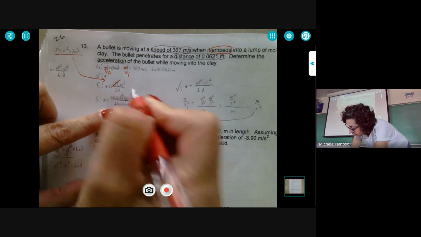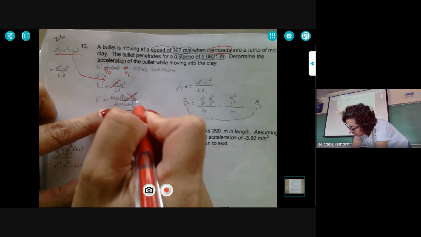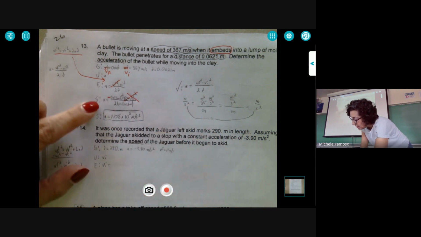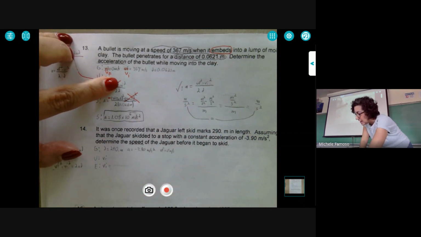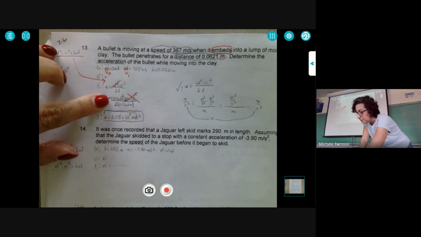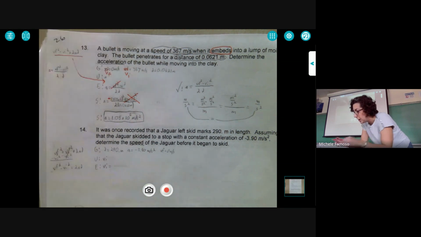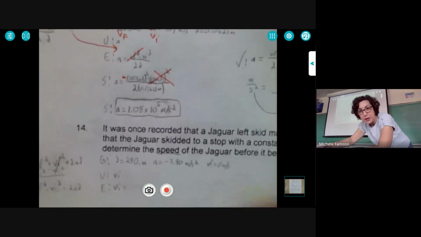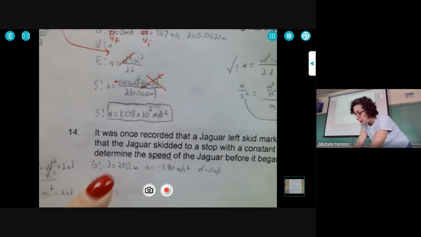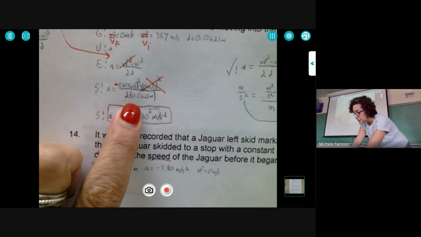This is 0, so that's going to drop out. I'm just not even going to show it. But that's going to have a negative sign on it because it's negative VI squared. So we need a negative there. So negative of 367 meters per second. That quantity gets squared. I'll zoom in so that way we can all see that a little better. Divided by 2 times 0.0621 meters.